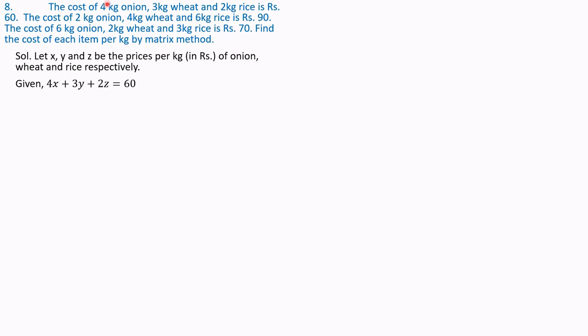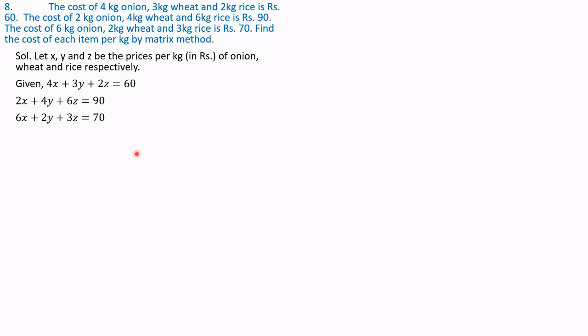Therefore, 4x plus 3y plus 2z is equal to 60. It is given. The next item is 2 kg onion, 4 kg wheat and 6 kg rice: 2x plus 4y plus 6z is equal to 90.